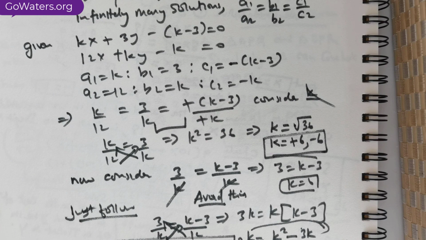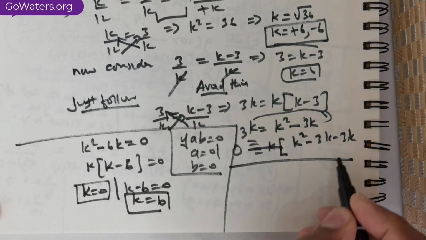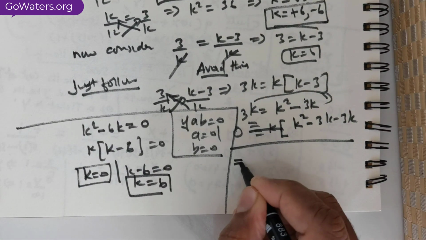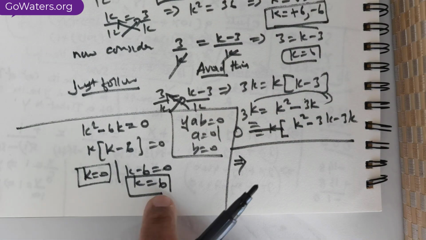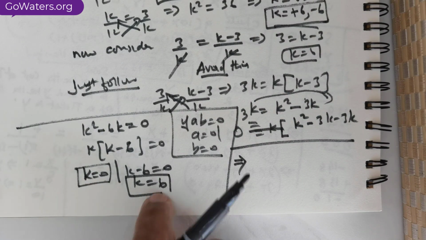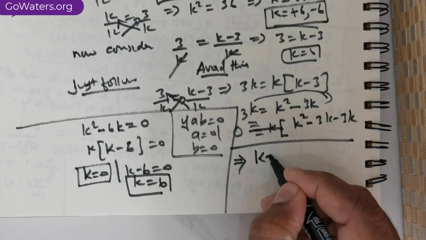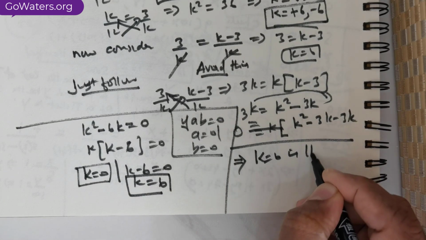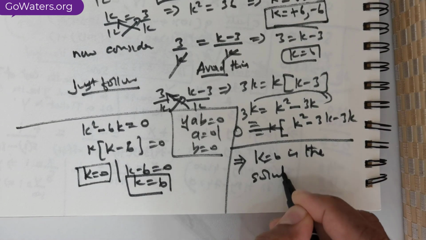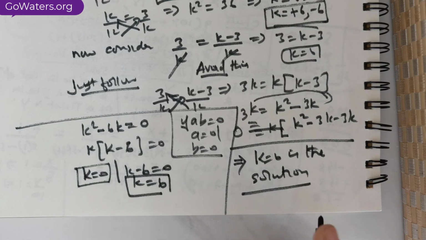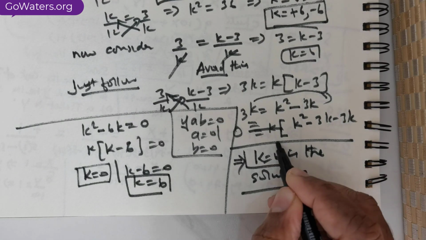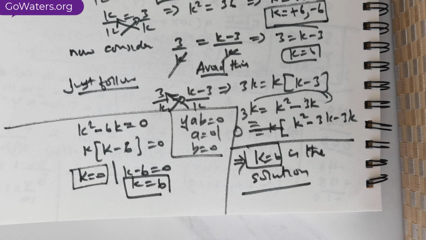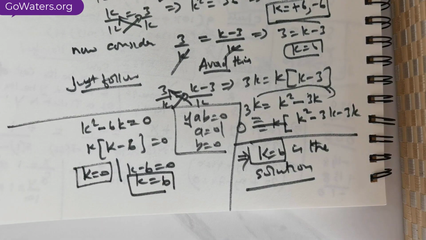So that has to be dropped. Eventually k is equal to 6 will be the only solution. So we drop k is equal to 0, and we take k is equal to 6. So for the system to have infinitely many solutions, k is equal to 6 should be the value. That is the end of this particular example.